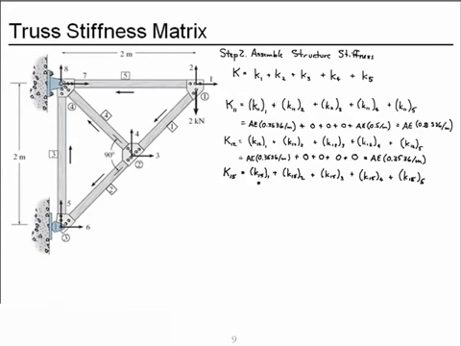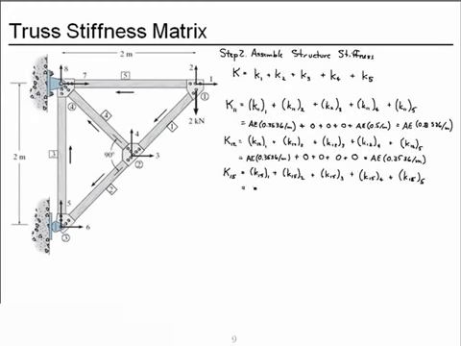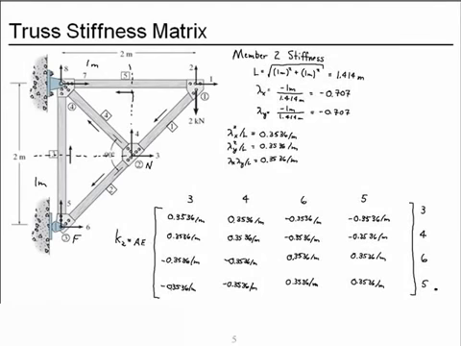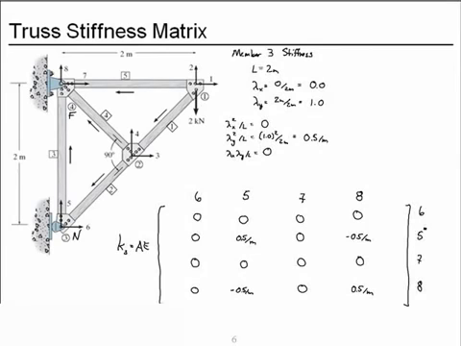And if we look at member 1, we have degree of freedom 1, but not 5. So its contribution is 0. For member 2, we have degree of freedom 5, but not 1. So its contribution is 0. Member 3, we also have degree of freedom 5, but not 1.